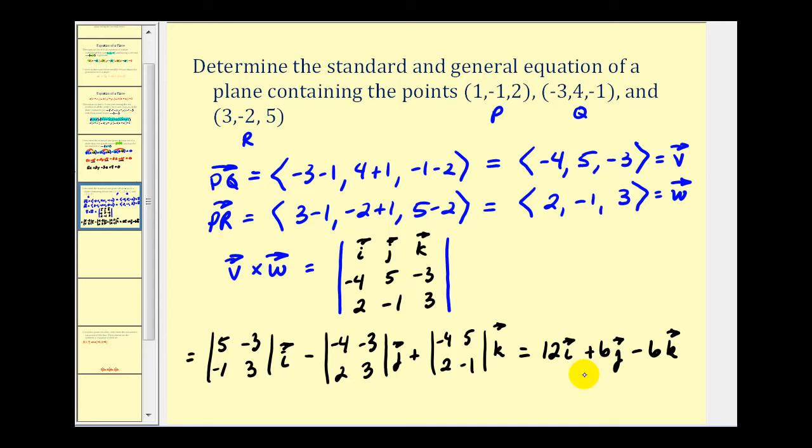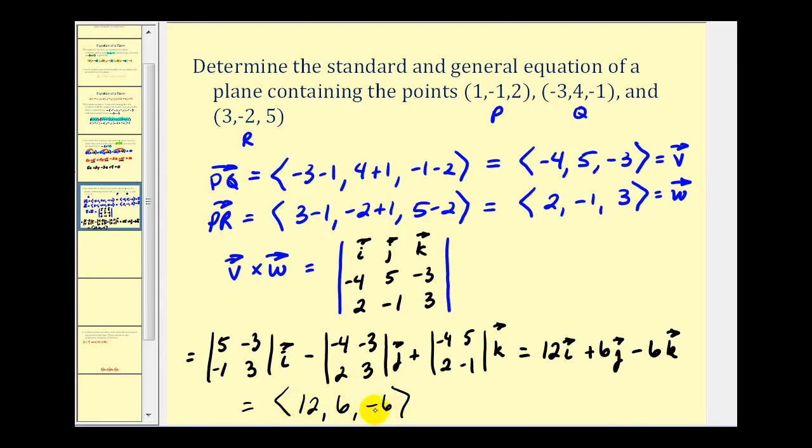So the component form of the normal vector is going to be 12, 6, and -6.